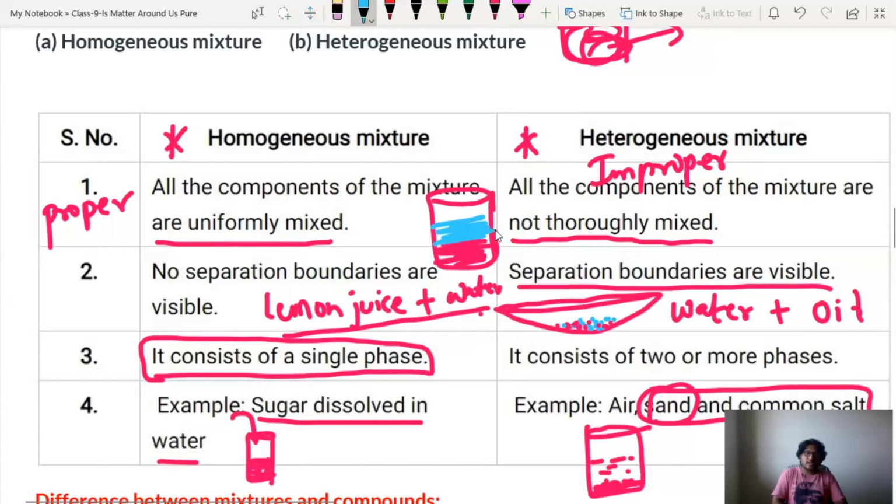Exactly here you can observe separation boundary. And it consists of 2 or more phases. Water phase you can find, oil phase you can find, like that you can find different phases. That is about homogeneous and heterogeneous. If solutions are completely mixed, thoroughly mixed, properly mixed, that is homogeneous. If it is not properly mixed, if it is not thoroughly mixed, that is heterogeneous.